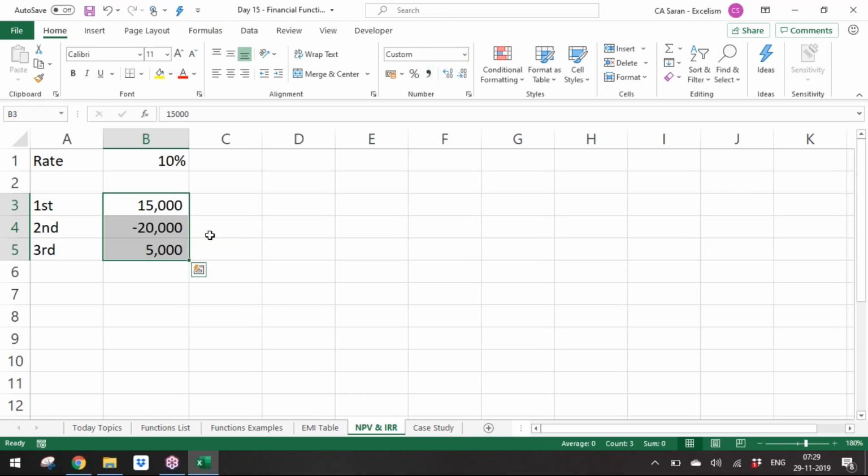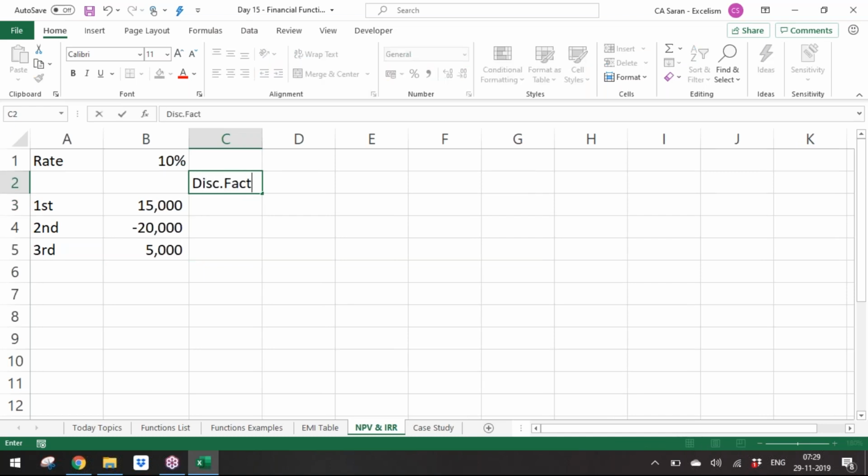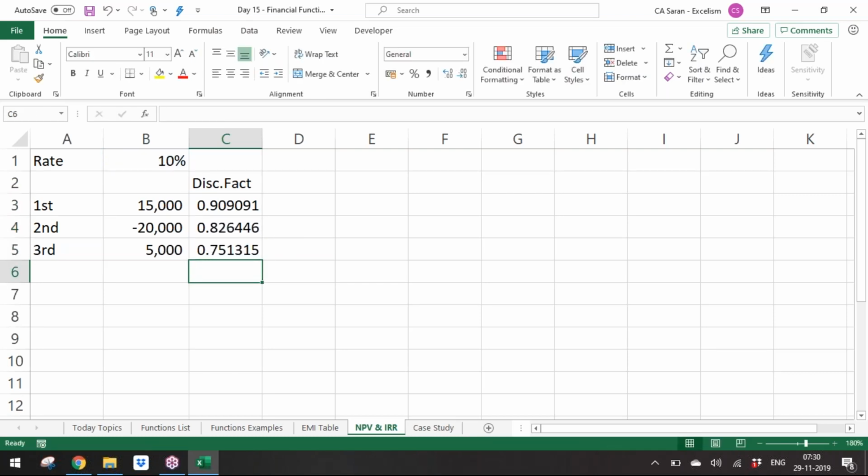First we need to calculate the discounting factor. Equal to 1 divided by 1 plus this percentage whole to the power of 1. Now we just copy and paste; this is for second year, this is for third year.